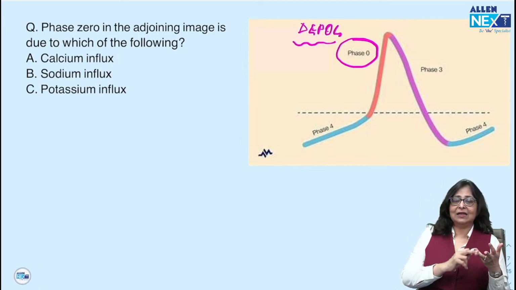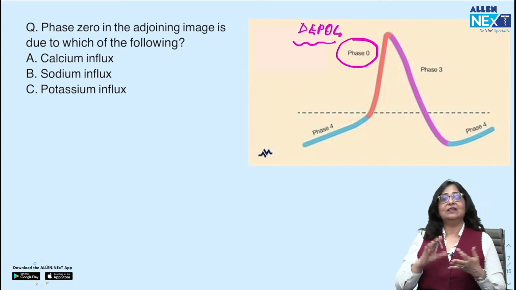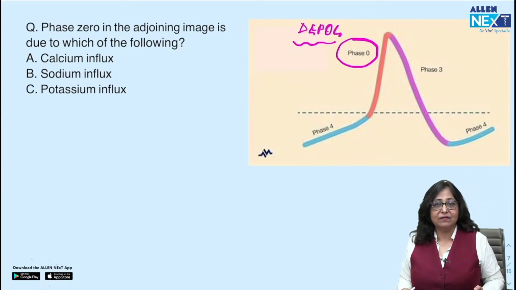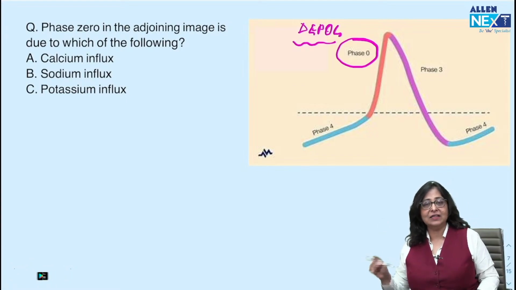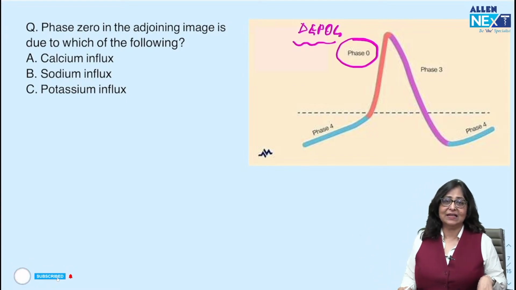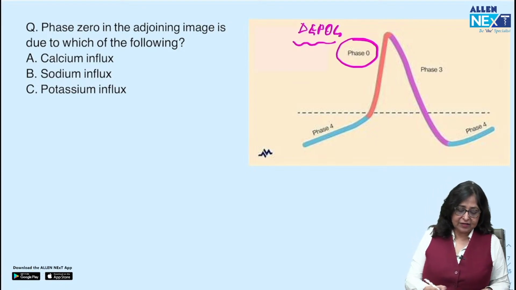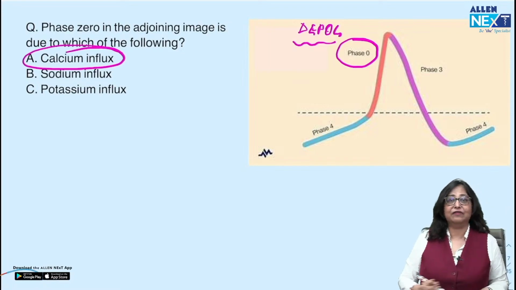Neuron, skeletal muscle, cardiac muscle, the depolarization is because of sodium influx. But the pacemaker cells of the heart and the smooth muscle cells, depolarization is because of calcium influx. So the answer to this question becomes calcium influx.